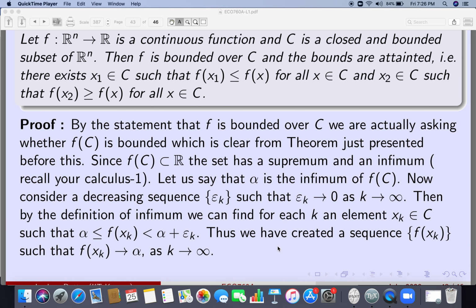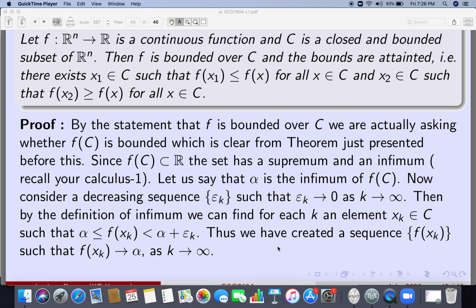So, what does it mean? If you have a continuous mapping and C is a closed bounded set, then in the theorem just presented before this, what we had learned is that the set f of C is bounded. So f of C is a bounded set of real numbers, right? Which means every bounded set of real numbers has a supremum and an infimum.